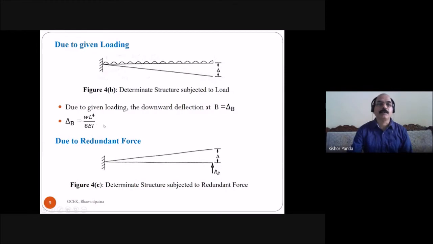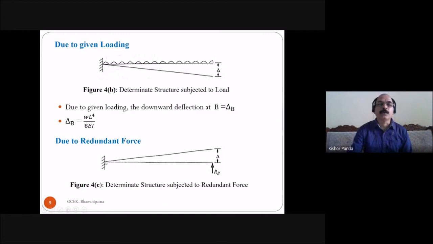So for a cantilever with UDL, the deflection at the free end is WL fourth by 8EI. Then in the next case, you find the deflection due to the redundant force. You remove the loading and take only the redundant force RB, and find the vertical deflection.